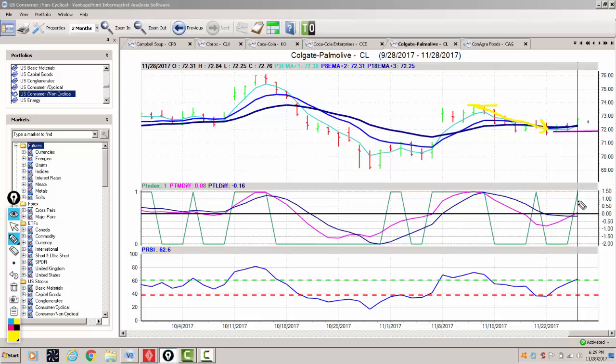Our neural index has turned higher, and we can see this crossover on the medium term crossing over the long term predicted difference combined with the neural index, and we've closed above this critical pivot area of 72.25.